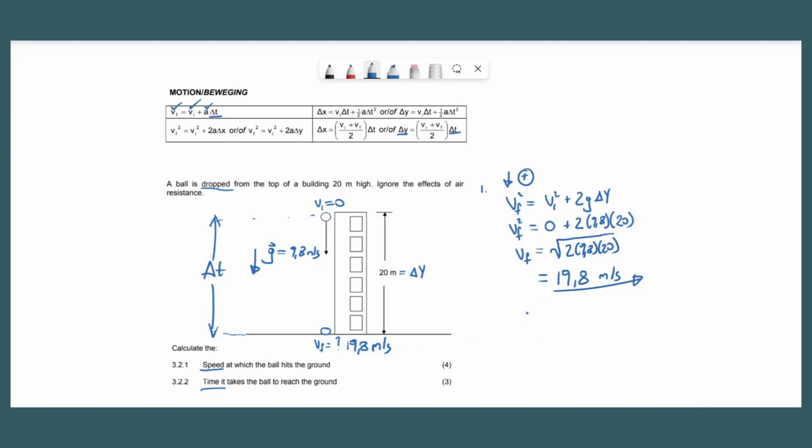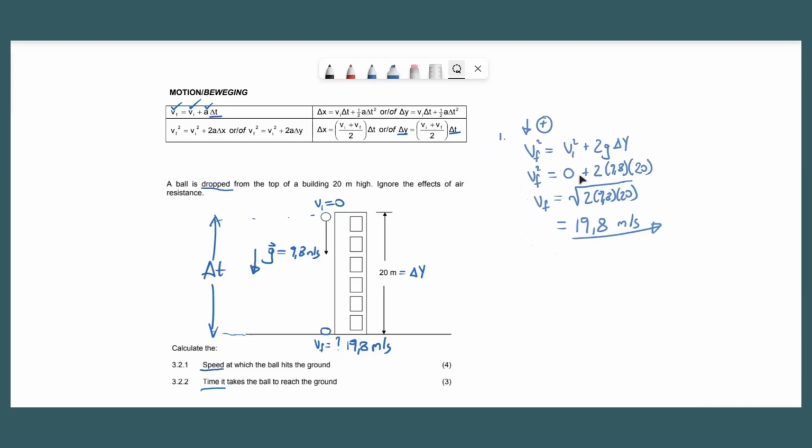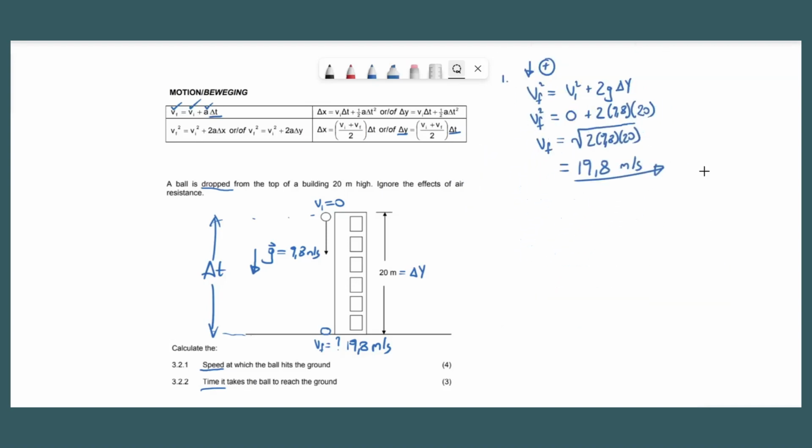And so for demonstration, I'll just use the first one because for me, I think that's quite simple and easy to solve. So I'm going to move this one upwards so that we open some room. Then, to answer our question here, again, before you even write your formula, it's very wise to choose your positive direction.